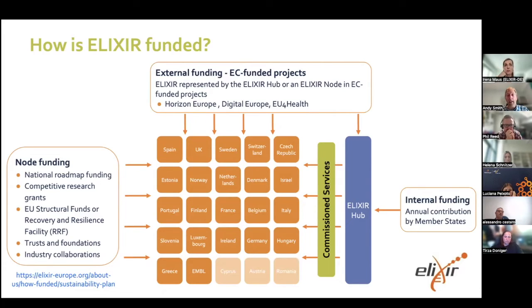But the fact that there are internally funded projects through commission services, there are services run by nodes, and there are EU funded projects makes the landscape complex, because sometimes there are multiple projects that are touching on the same themes, which means it is always a big challenge to help keep these coordinated.